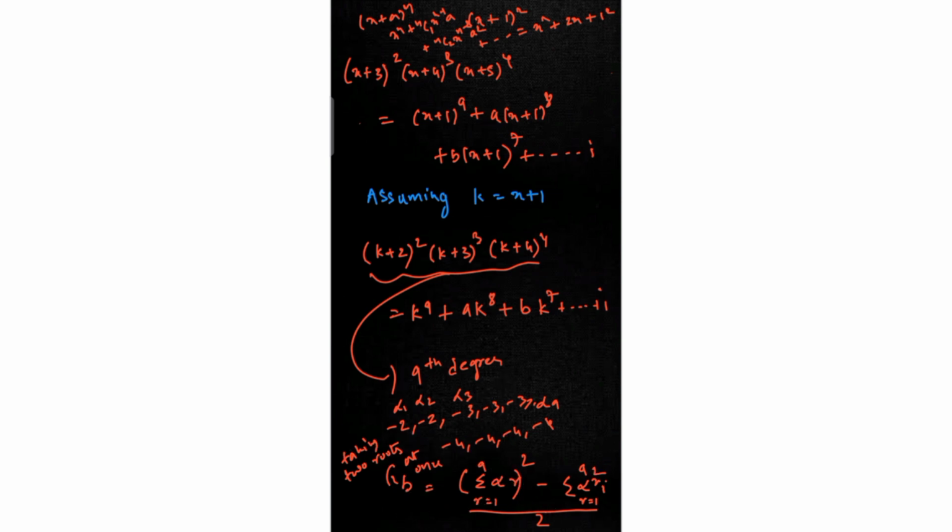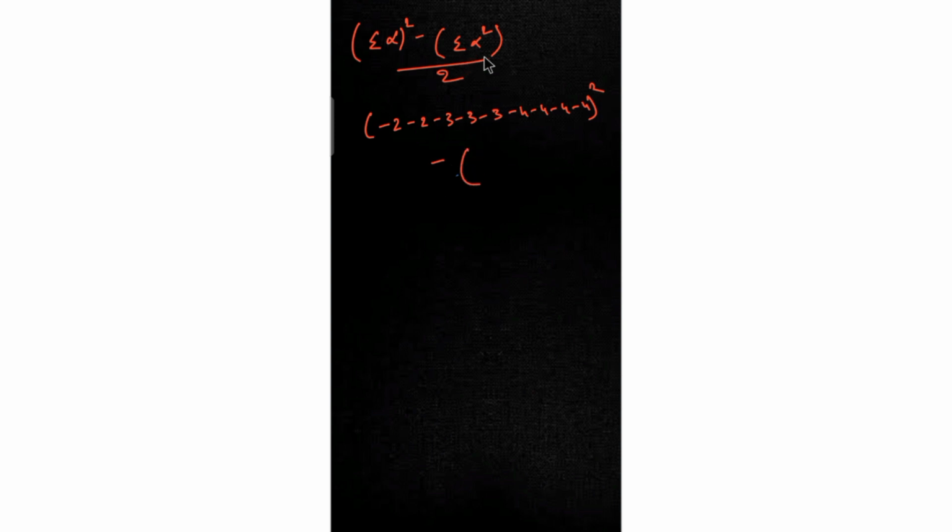Going to the next page, it's basically sigma alpha whole square minus sigma alpha square, divided by 2. Sigma alpha whole square means you add all the roots: -2, -2, -3, -3, -3, -4, -4, -4, -4, whole square, minus the sum of the individual squares: 4 plus 4 plus 9 plus 9 plus 9 plus 16 plus 16 plus 16 plus 16, divided by 2.